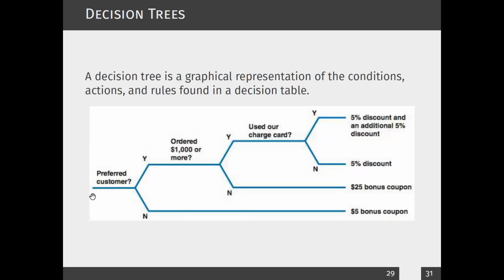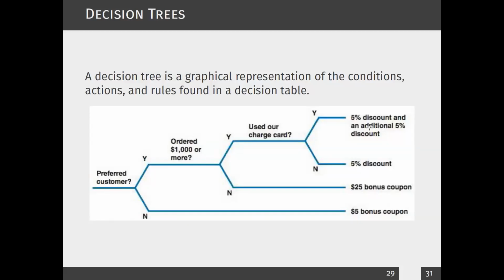And then the first question that we have posed is whether the person is a preferred customer or not. If it is a no, you don't have to answer these 2 questions in our case. So if the person is a preferred customer, then you can ask whether they have ordered 1,000 or more, and whether they have used a charge card. So depending on these 4 combinations, we'll get different discounts.